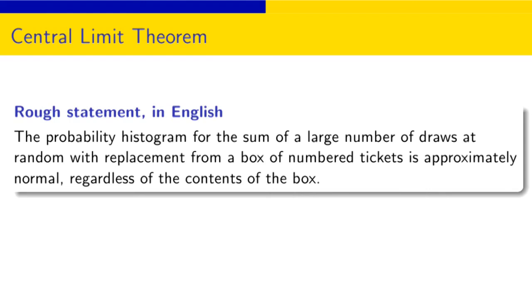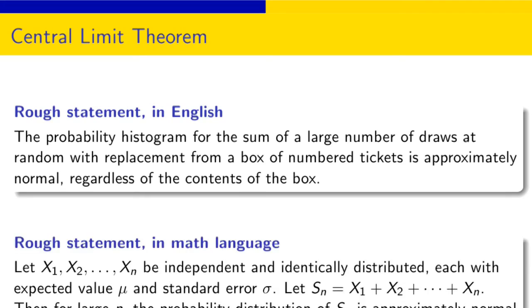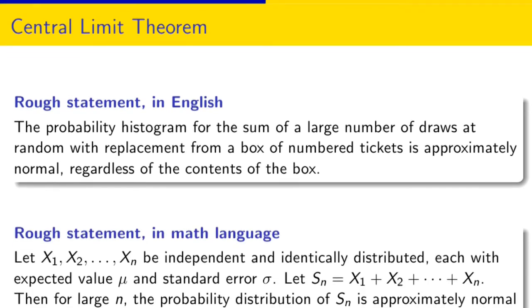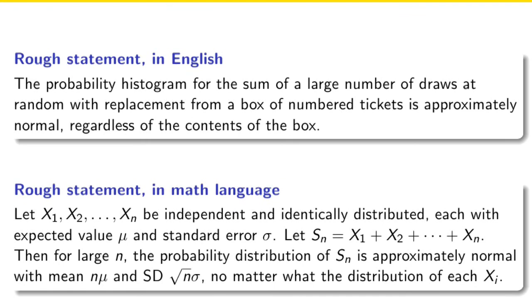No, there is no way I can prove that in Stat 2x. But it's true, and it is phenomenal, and when we do statistical inference you will see its real value. For those of you who like a little bit of mathematics, here is the statement in math language, and even here it is a bit rough. You've got n random variables which are independent and identically distributed. That is what happens when you draw with replacement from the same box.